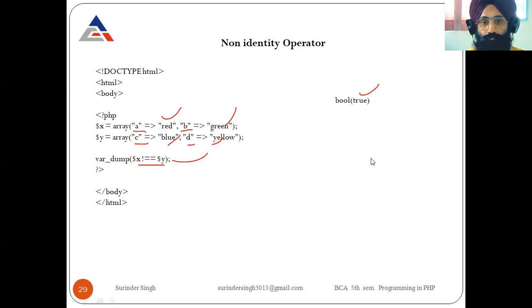Answer the question. Okay, the correct option is 0, the first option. By default, the index of an array in PHP starts from 0.